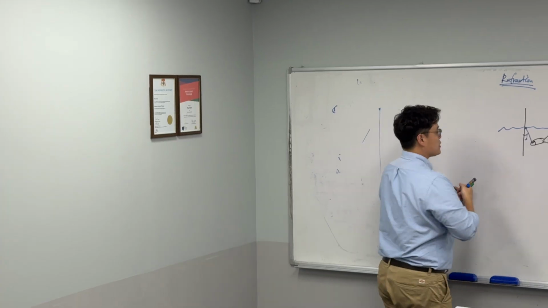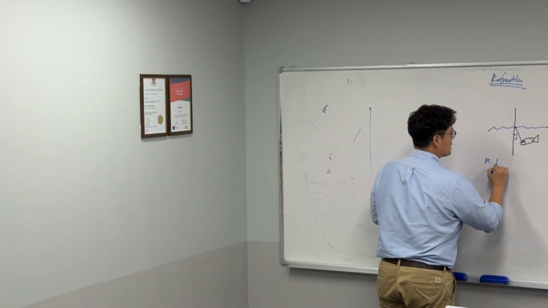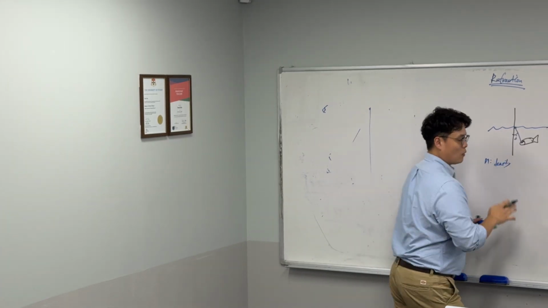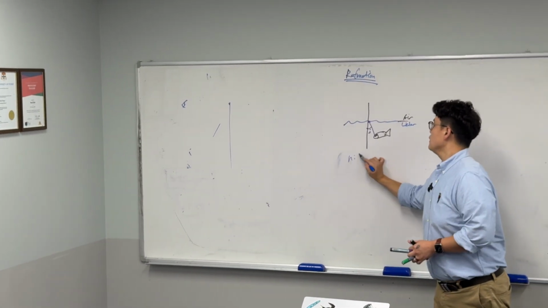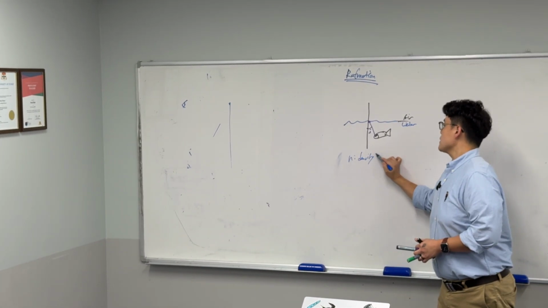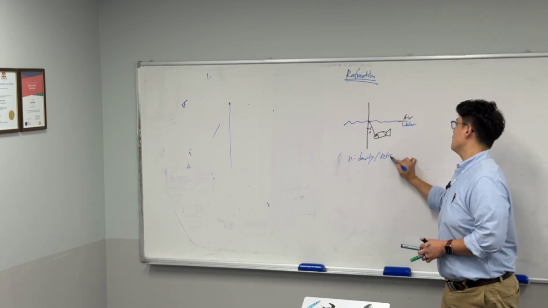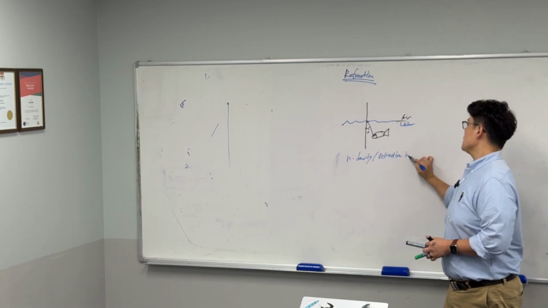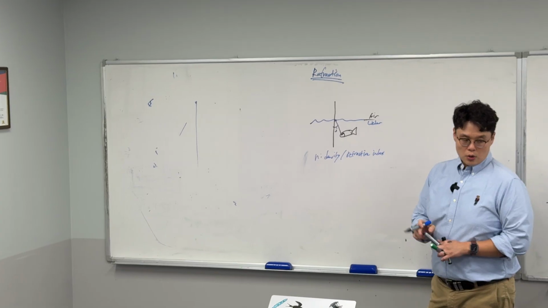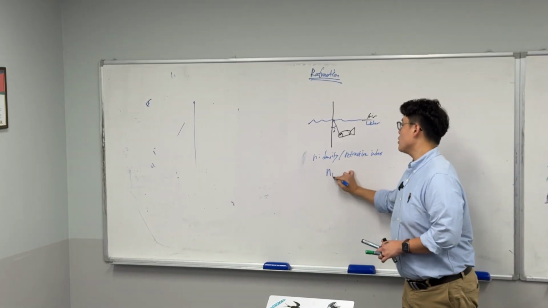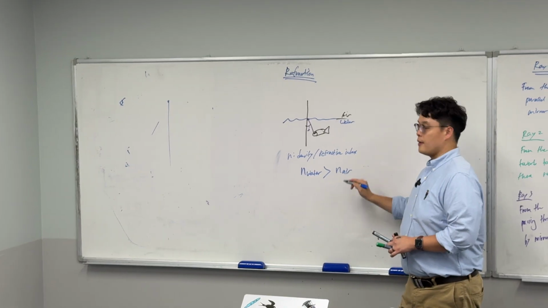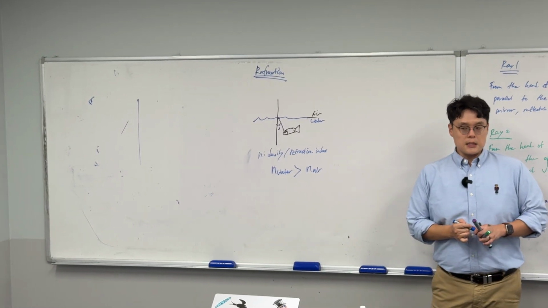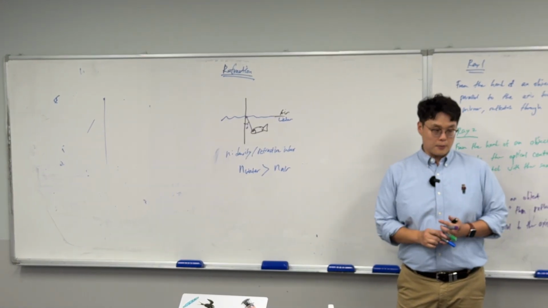What we know about N is the density, or sometimes known as the refractive index. What we can say is that N of the water is greater than N of the air. The water has a greater density of particles than the air. Very simple.